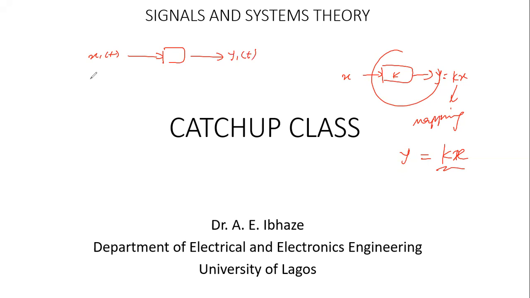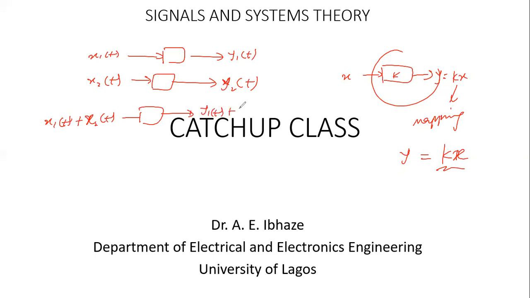Then if, for instance, we have another input x2 of t, giving y2 of t, then should we add up this input x1 of t plus x2 of t fed into the same system, the resultant effect should give us y1 of t plus y2 of t. This is the principle or the law of additivity.